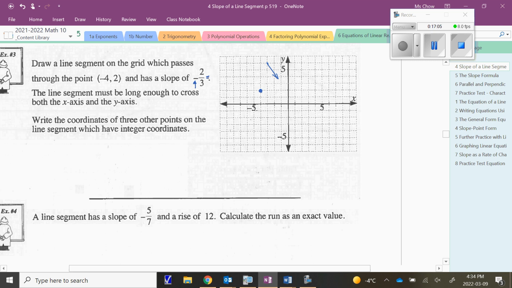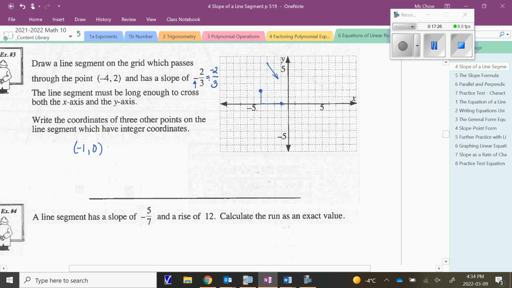So let's say that -2/3 is the same as -2 over 3. So that means that we have a rise of -2. So I'm going down 2 and then to the right 3. There's a point right there. So that is -1, 0.